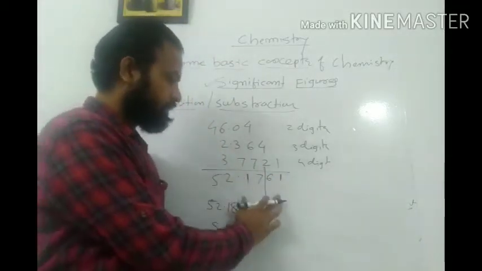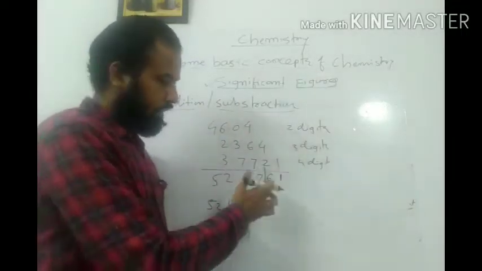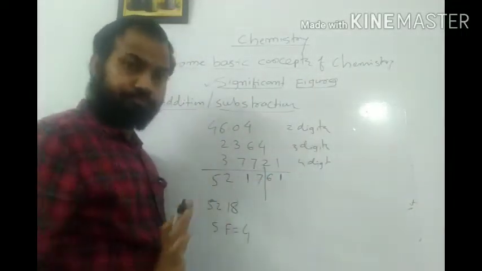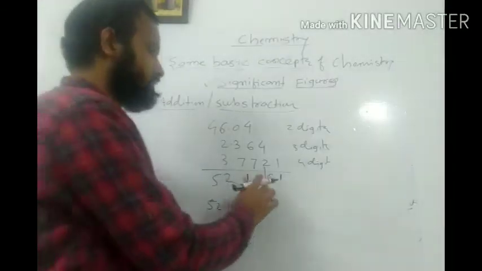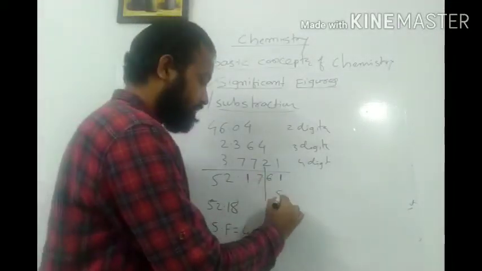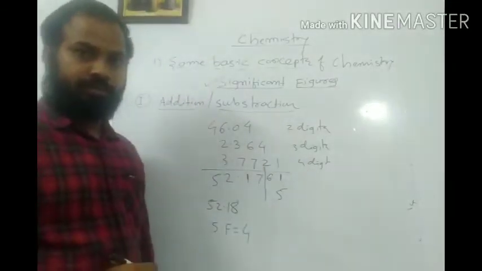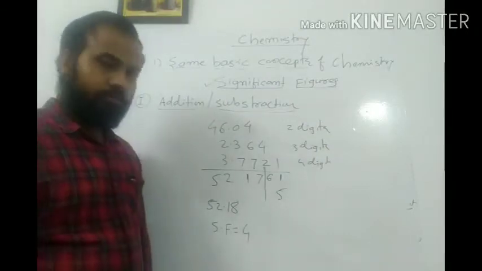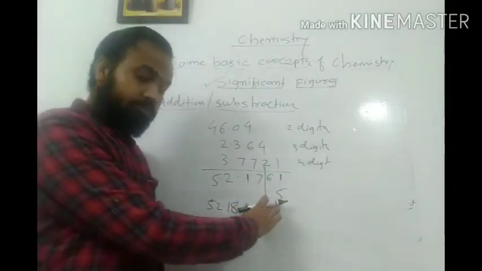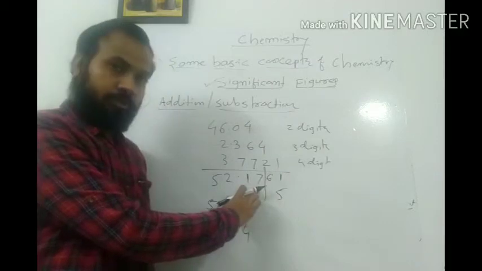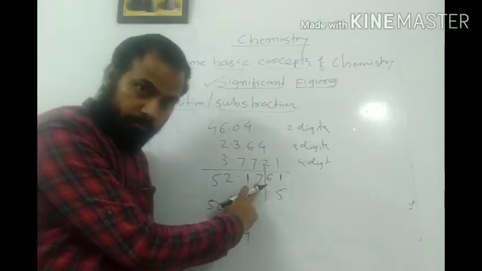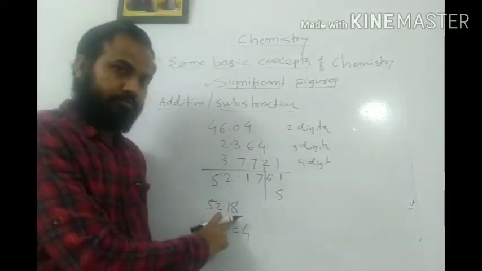But if this digit is greater than 5, I am going to add here. Now what will happen if this digit is exactly 5? Isn't it quite interesting? If this digit is 5, we have to consider this number. If this number is an odd number, we have to add here 1, isn't it?